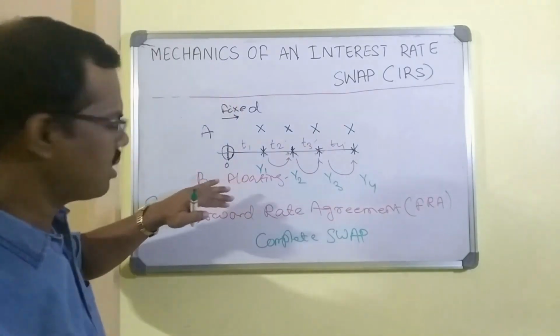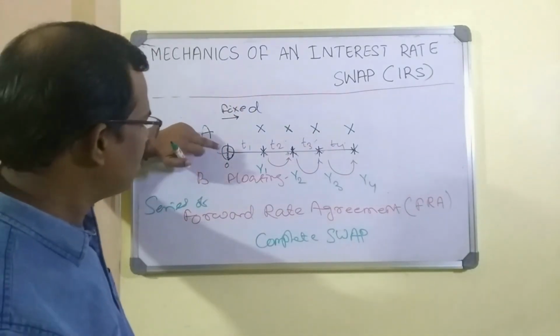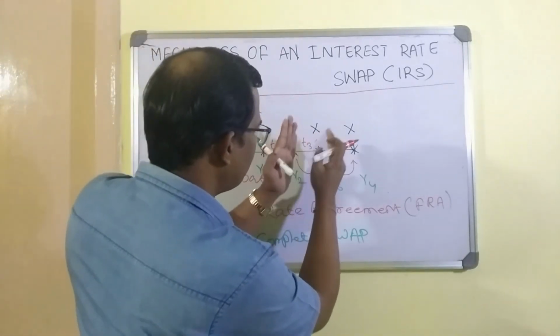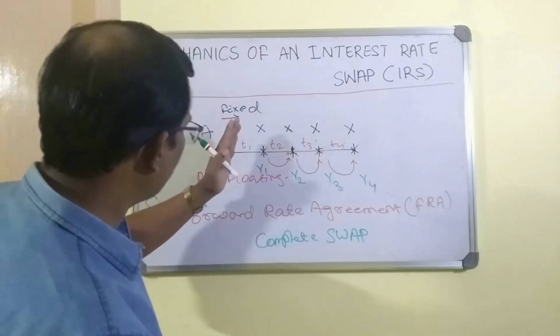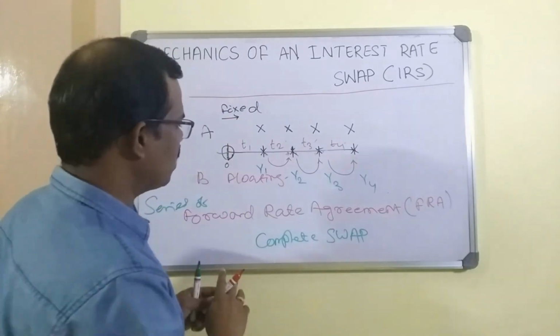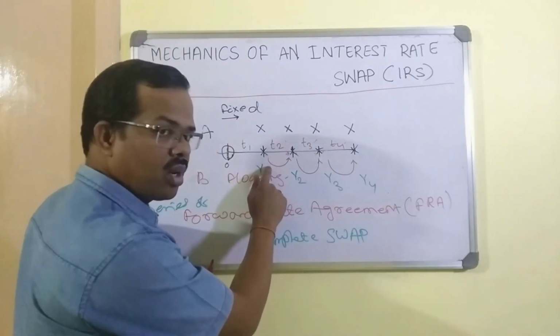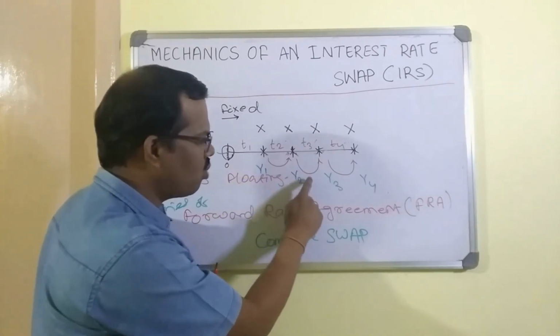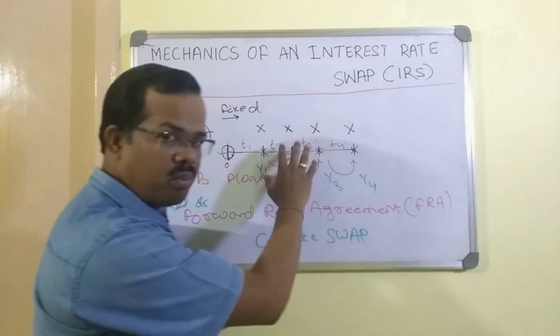So in this case, you are determining the interest rate for the periods T2, T3 and T4, and including also T1, because you have to figure out the payment amounts for B, right? That is Y1, Y2, Y3 and Y4 at different points in time.